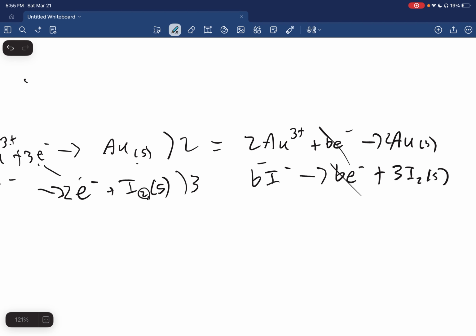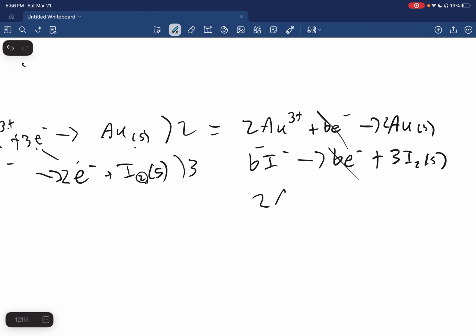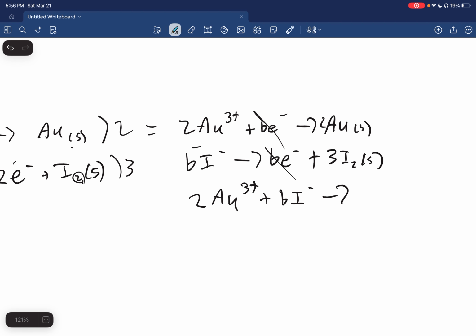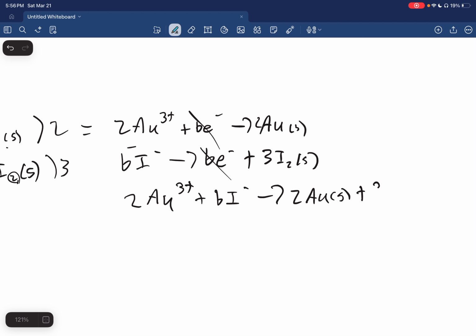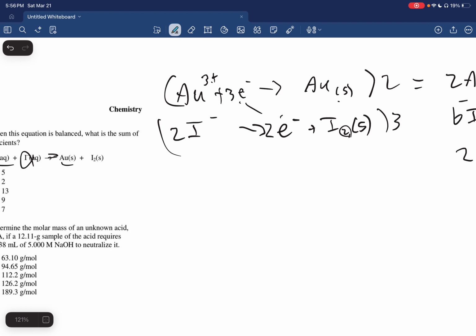Our electrons are going to cancel out, and we're left with 2Au3+ plus 6I minus becomes 2Au solid plus 3I2 solid. And our question asks us to find the sum of the coefficients.